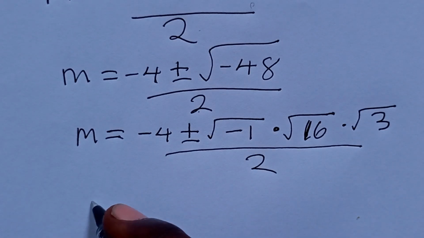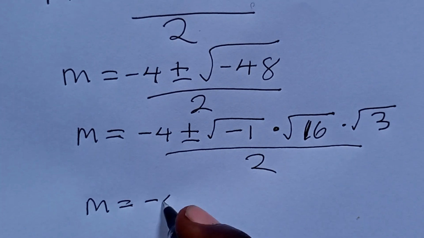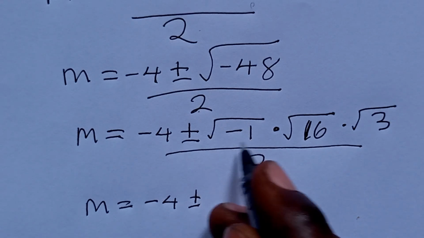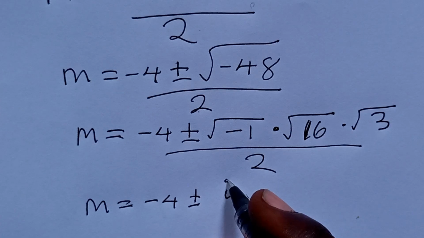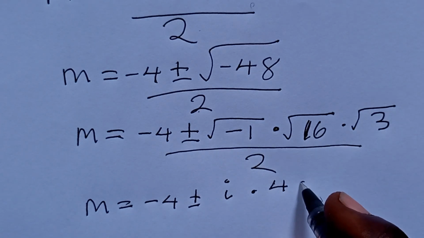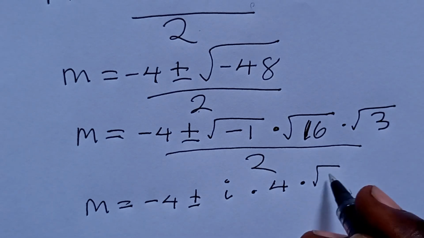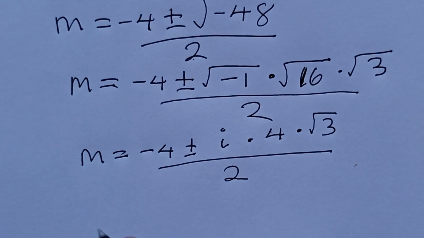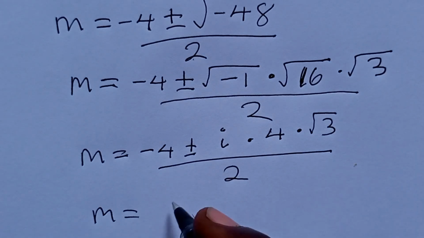So our m is equal to minus 4 plus or minus, root of minus 1 is i, times root of 16 is 4, and this remains root 3, all divided by 2. Now what is common here is 4.